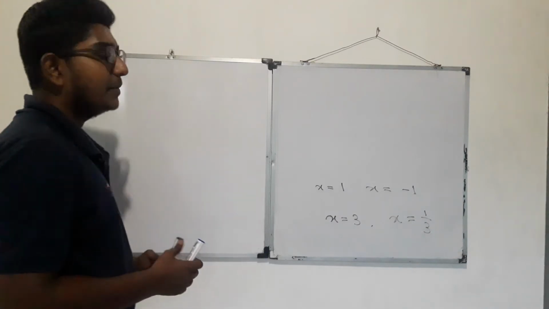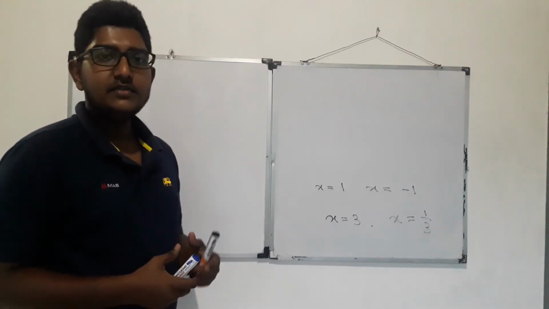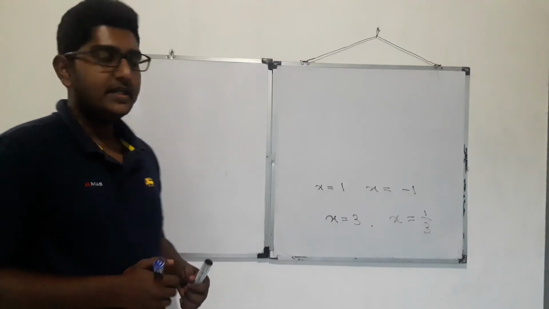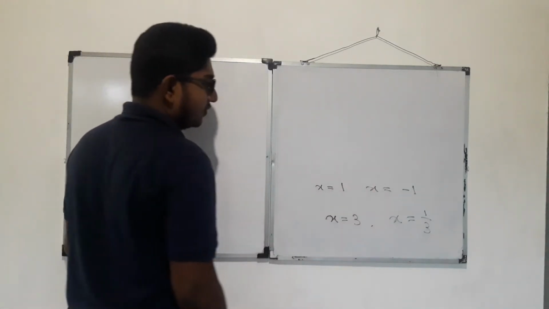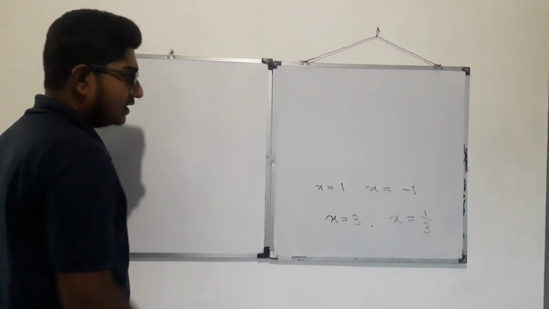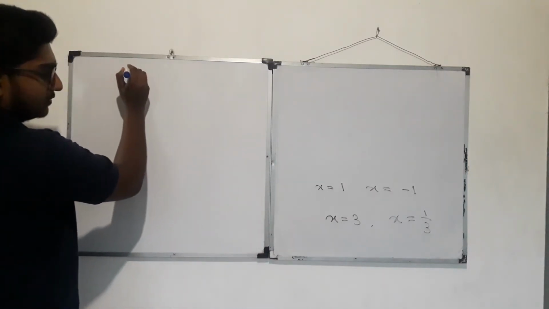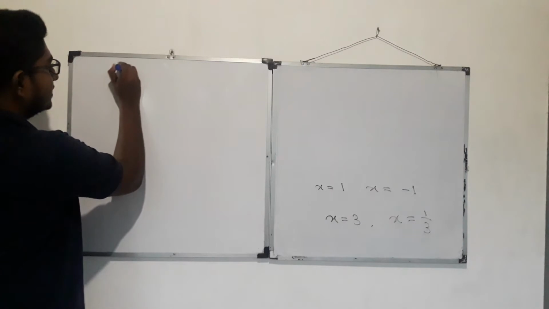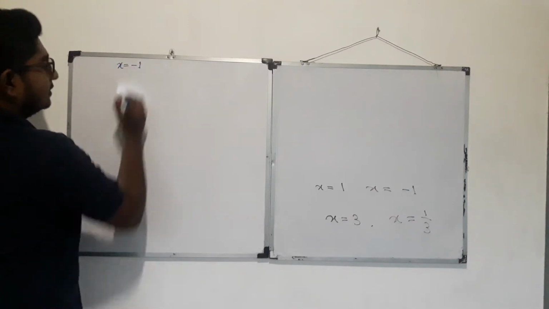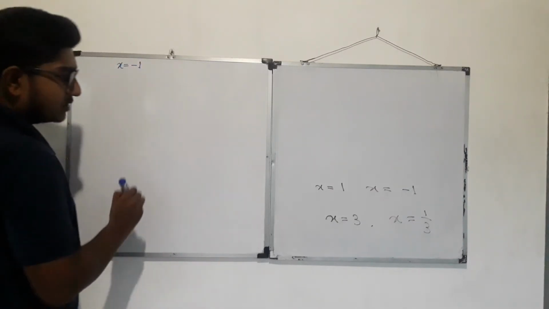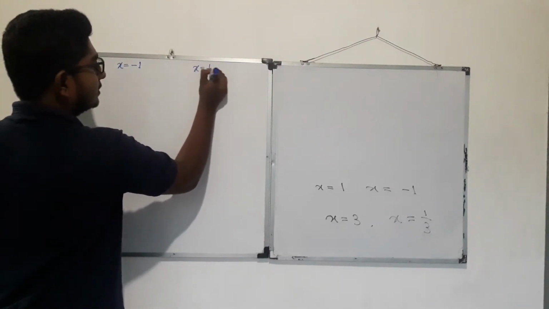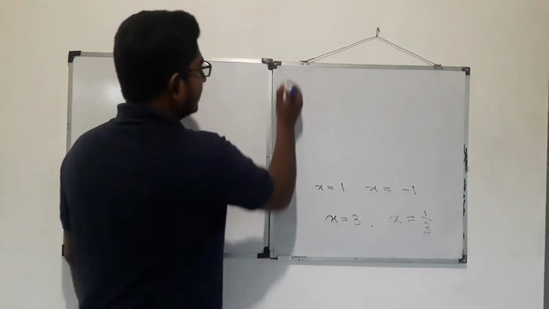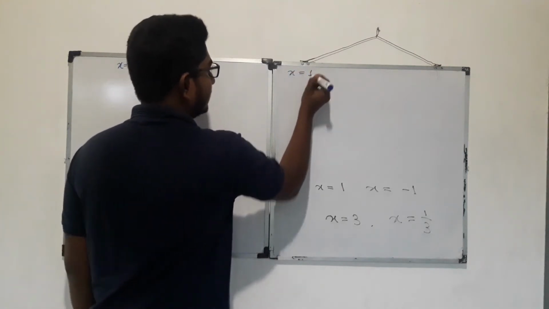Then we have to prepare a table to identify the nature of the gradients. For that, first I will arrange these four numbers in order. First one should be x equals -1. Next one should be x equals 1/3. Next one x equals 1.